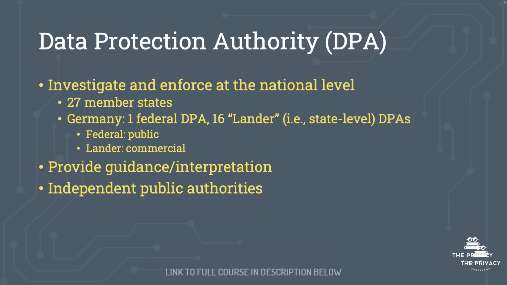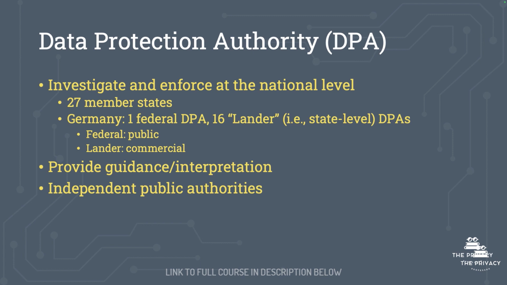What is a data protection authority? A DPA performs investigations and enforces the GDPR at the national level. So again, you'll remember that in the European Union, there are 27 member states. Each of those member states will have a data protection authority. The exception is Germany, where there is one federal DPA and 16 Länder or state-level DPAs.